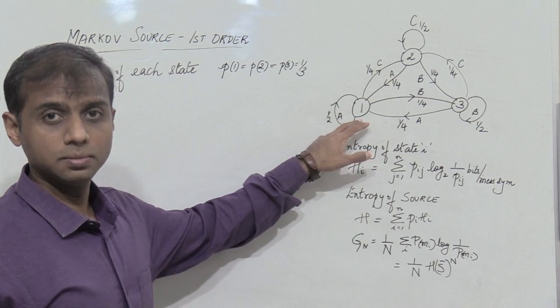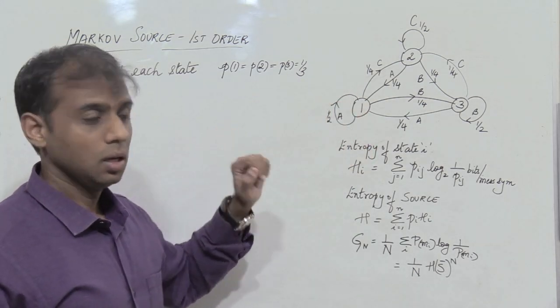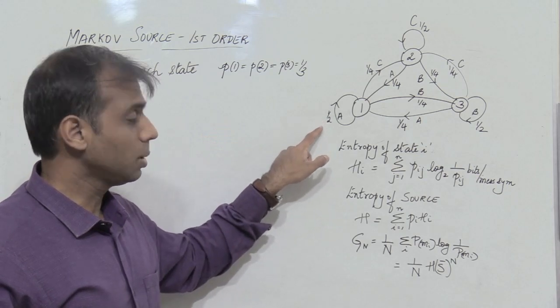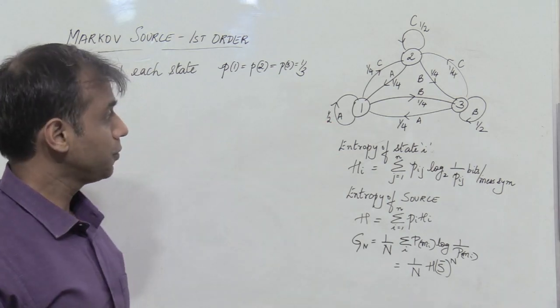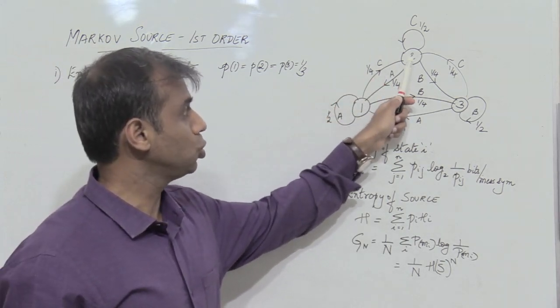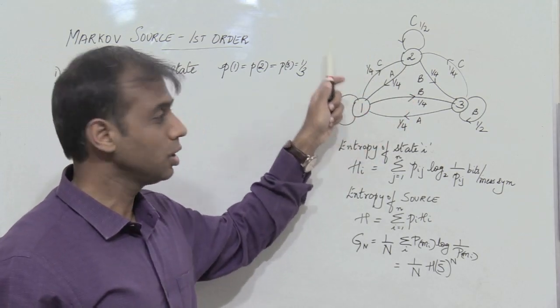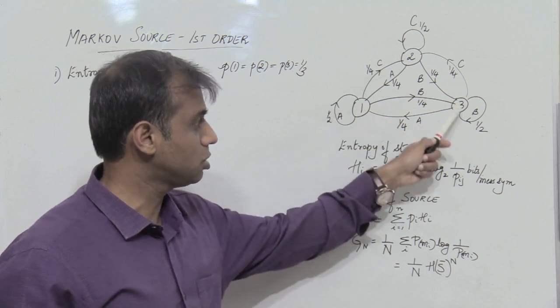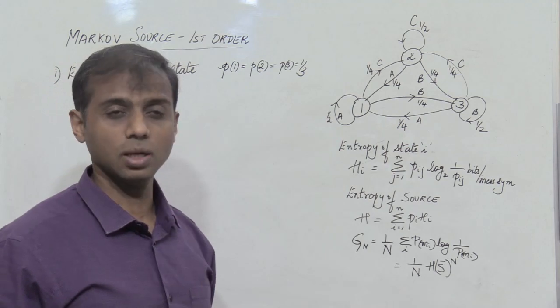So that has been given here, and then it has also been given that if we are in state 1, then what happens? The system remains in state 1 with a probability 1 by 2 and also emits a symbol A. Now if it is in state 1, it goes to state 2 by emitting C with a probability 1 by 4, and similarly from 1 to 3 by emitting a symbol B with a probability 1 by 4.